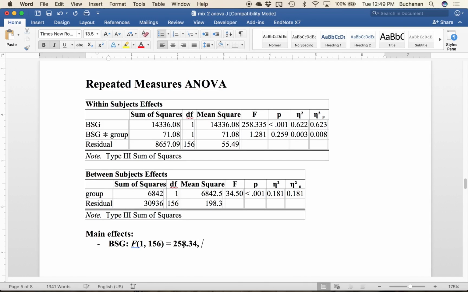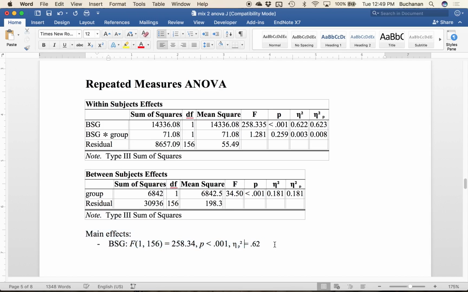Our p-value is less than 0.01. I'm going to use partial eta squared. I tend to like the p here, but I don't think it actually matters. It's 0.62, so this is a very big effect.